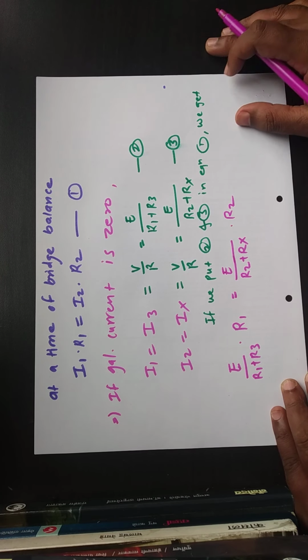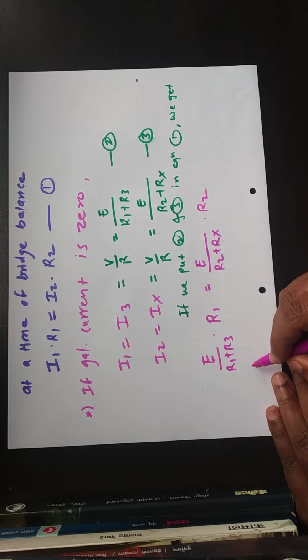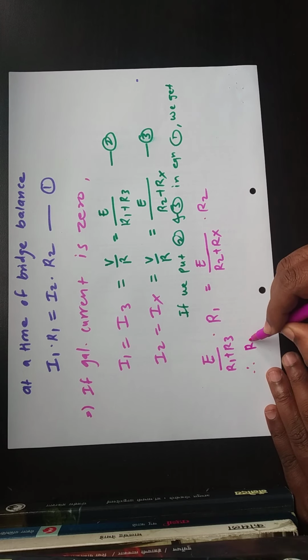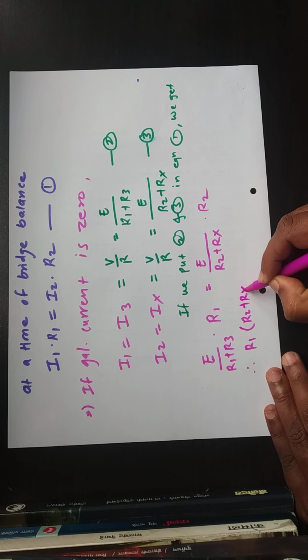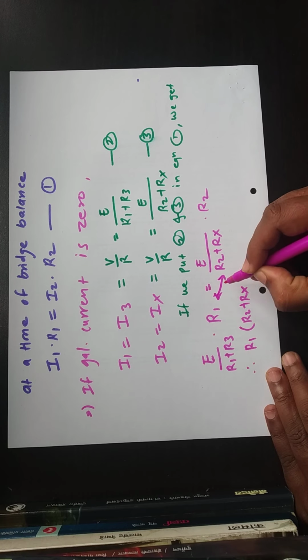If you cross multiply all these things, what do you get?